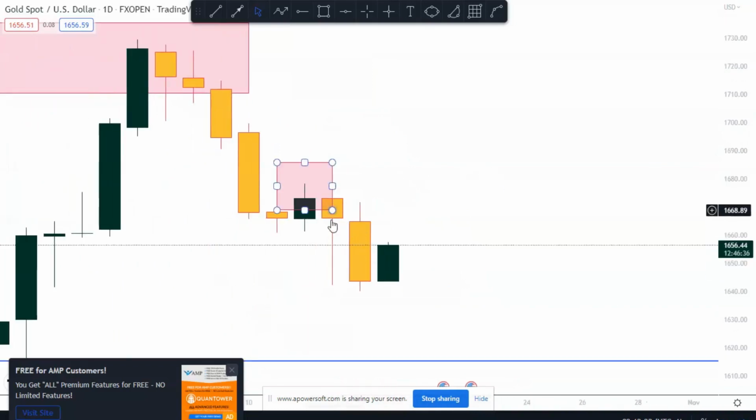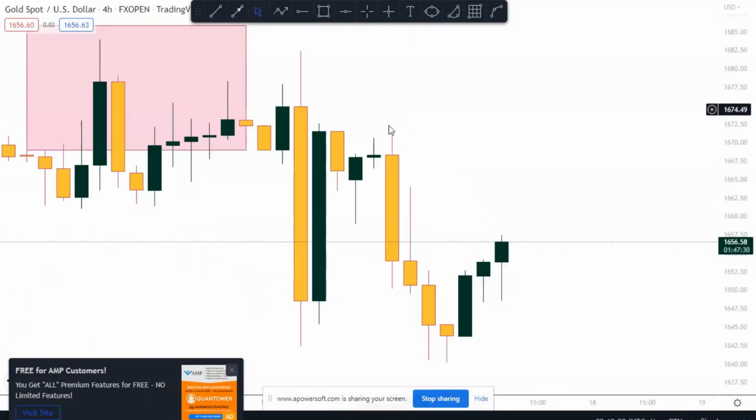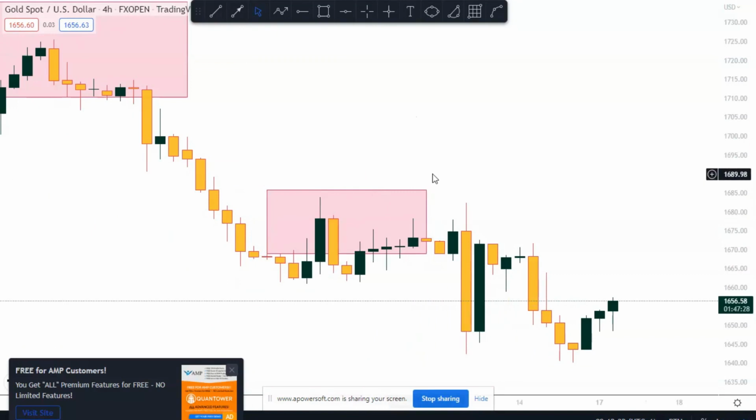I didn't want to highlight this candle that was selling, but then I'll be able to explain that. So let's go to H4 and then I show you. So now, I only highlighted two candles that I really wanted.